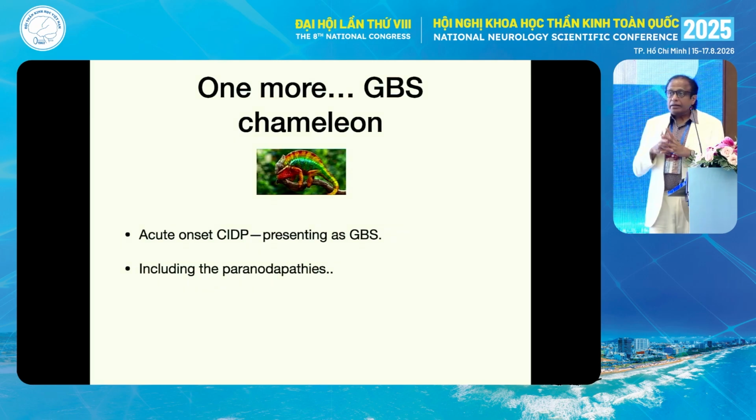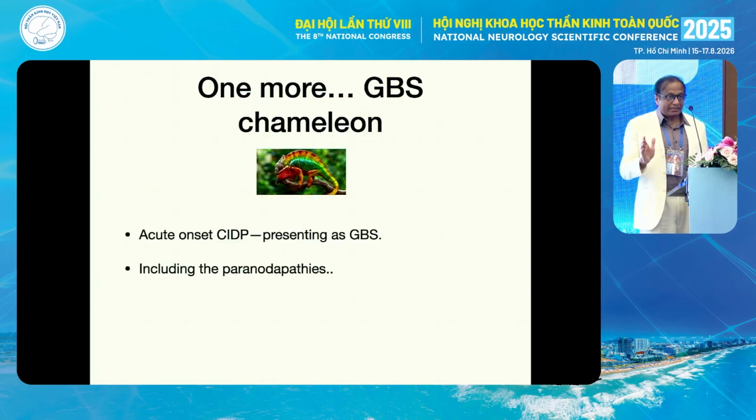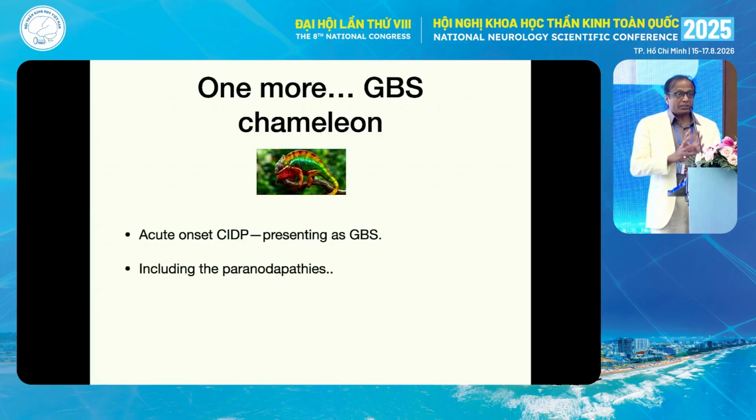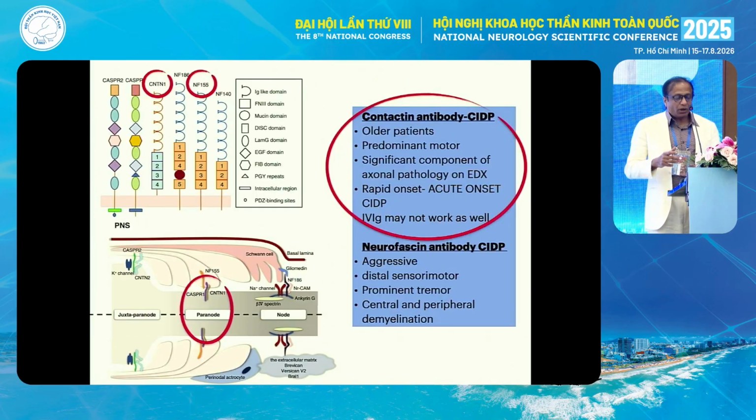But in a few cases, I got the diagnosis wrong because these patients had predominantly axonal features. Now, we know that CIDP is a demyelinating disease. So when we see an axonal GBS, I thought we don't have to think about acute onset CIDP, correct? That's what I thought, until I saw this patient who had contactin antibody positive paranodal CIDP.